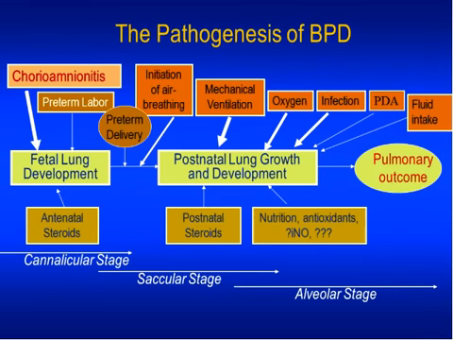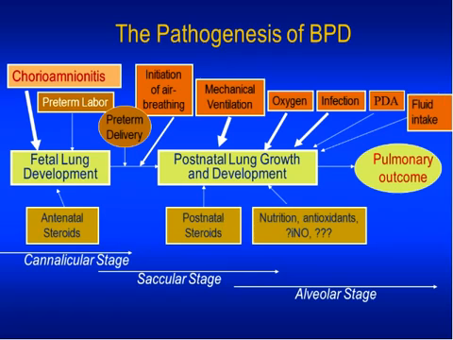I will not spend a whole lot of time on the chronic lung disease of prematurity known as bronchopulmonary dysplasia. The point of this slide is to indicate how multifactorial it is. There are all these events that affect it in a negative way, and there's a few that are perhaps salutary. But lung injury can begin already in utero during fetal lung development with exposure to inflammation.